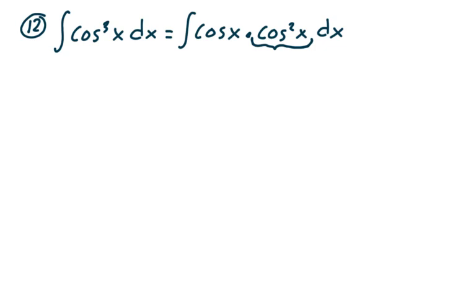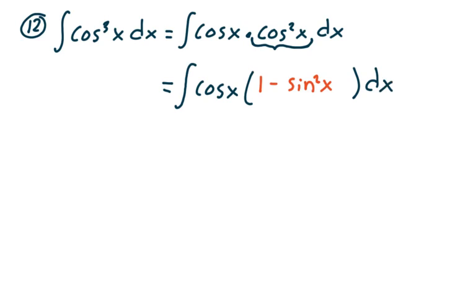Now, why would I do that? I just know that the derivative of sine of x is cosine of x, and that will allow me my u substitution. So in other words, I'm going to write this as the integral of cosine x times 1 minus sine squared x dx.